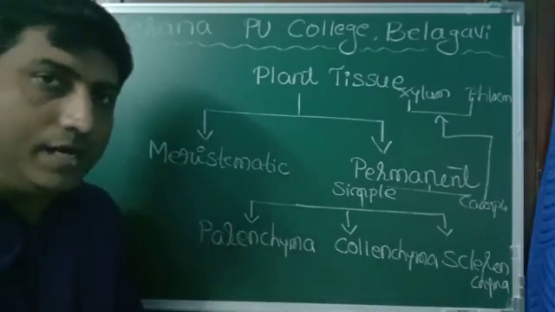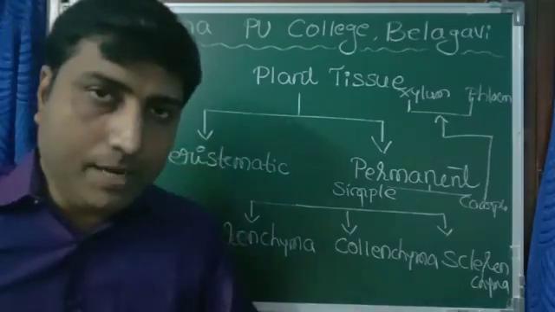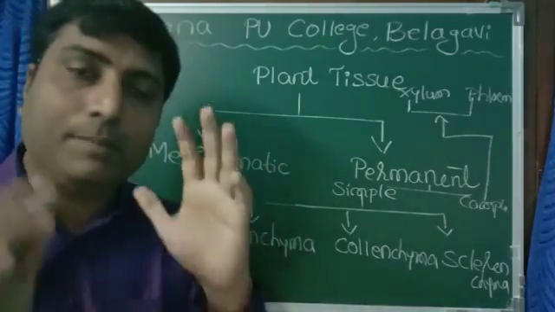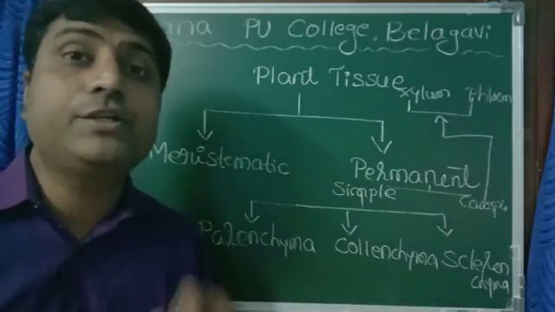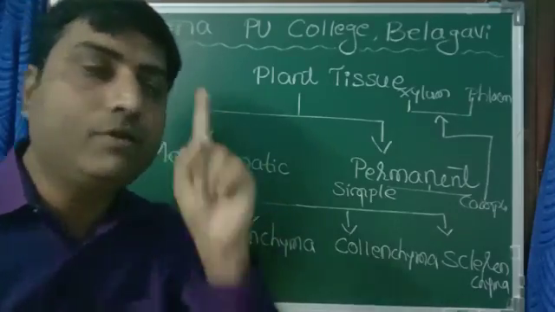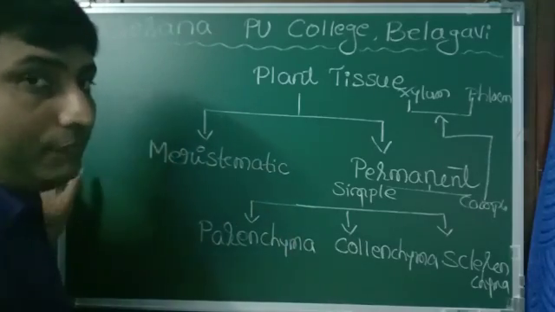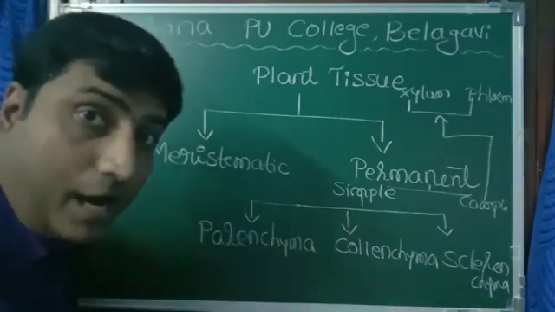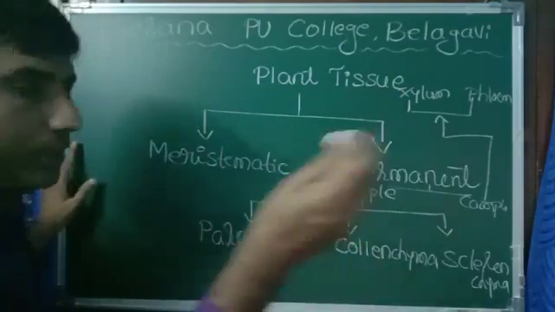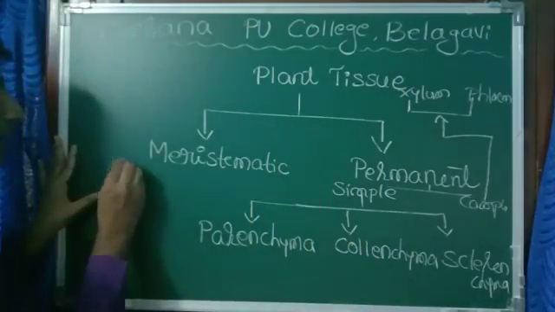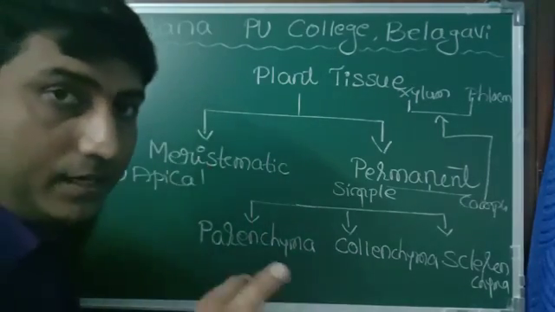Let us study one by one. First of all, meristematic tissue. Meristematic cells are the cells which have the capacity to divide. And where are they found? They are found in such parts of the plant where the division or the growth takes place. For example, apical meristem.